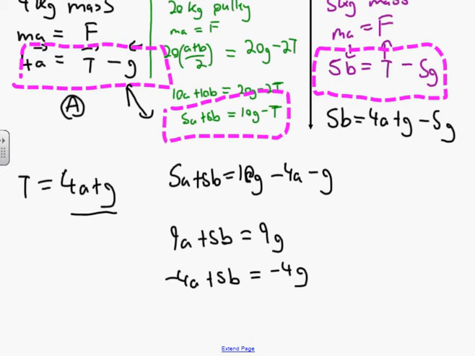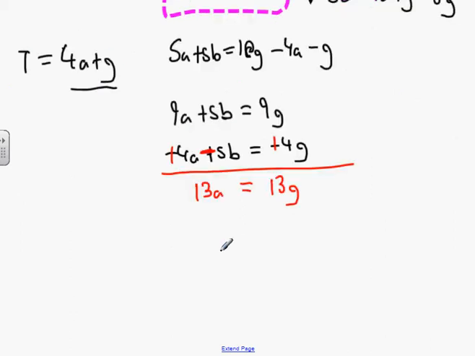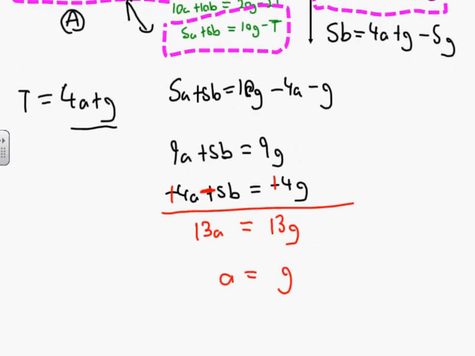Just use a different colour pen. I'm now going to get 13A equals 13G. Acceleration A equals G. Then I'm going to figure out what B is.